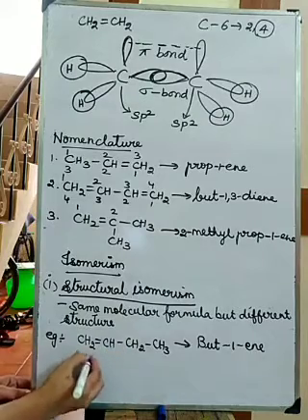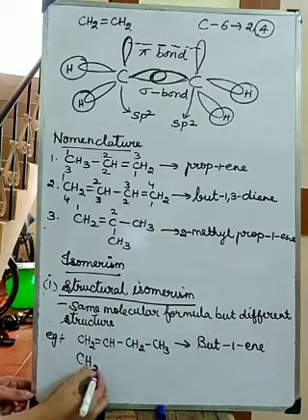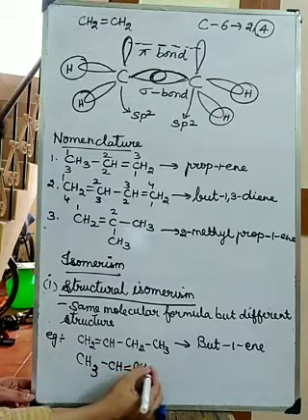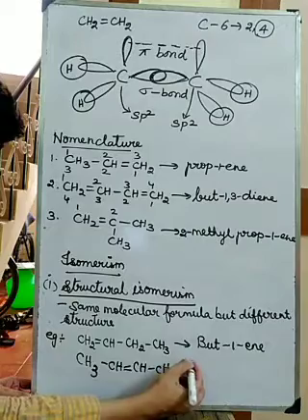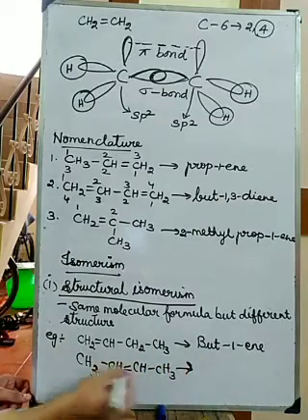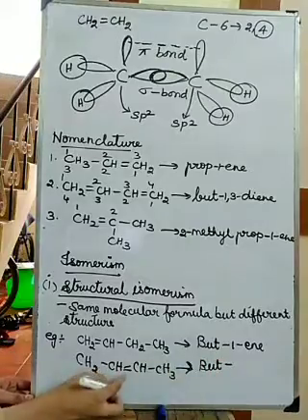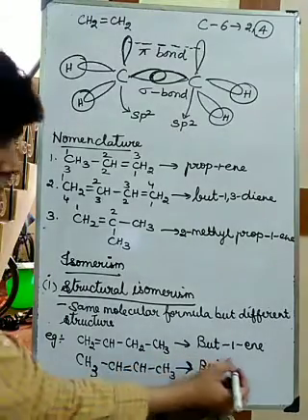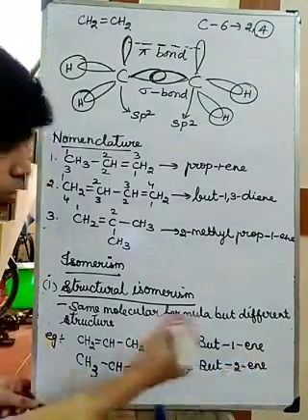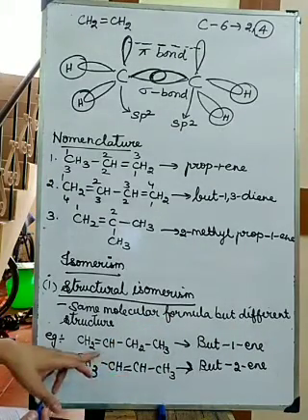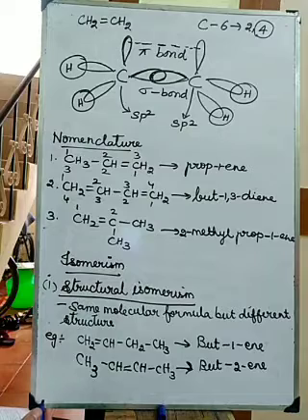Yes or no? So what will I get? CH3, CH double bond CH, CH3. Again 4 carbons, but the double bond is in the second carbon, so it is but-2-ene. Again, don't forget the double bond because we are studying alkenes.